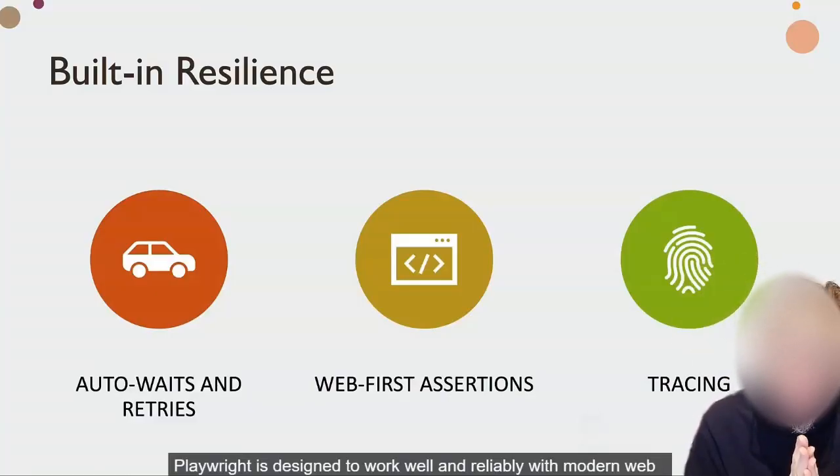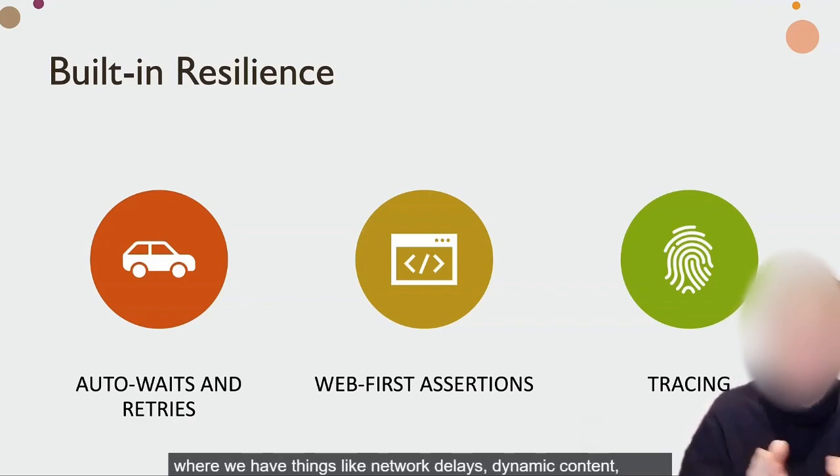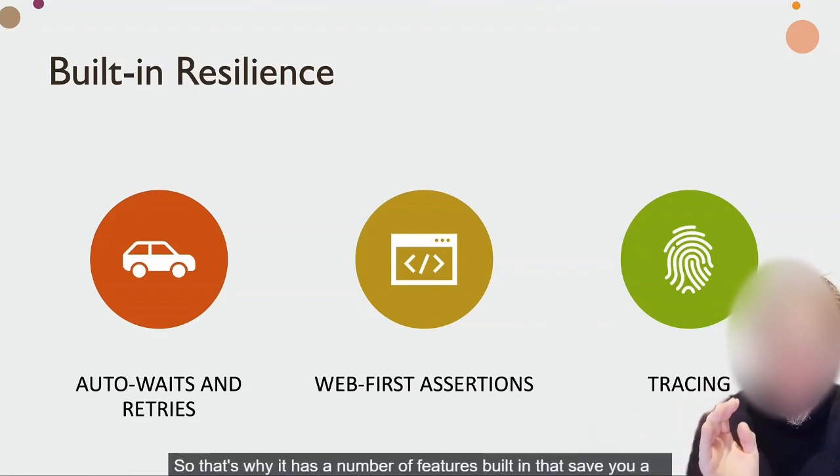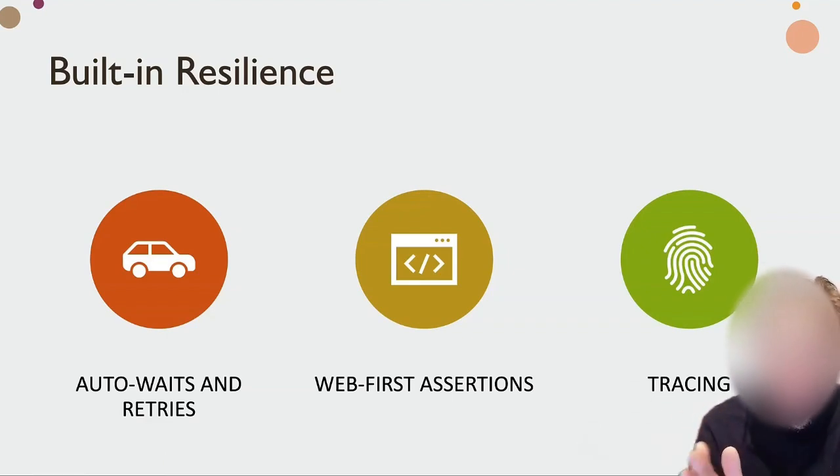Playwright is designed to work well and reliably with modern web applications and real-world scenarios where we have things like network delays, dynamic content, asynchronous requests, and so forth. So that's why it has a number of features built in that save you a lot of time and effort and make your tests a lot less flaky.